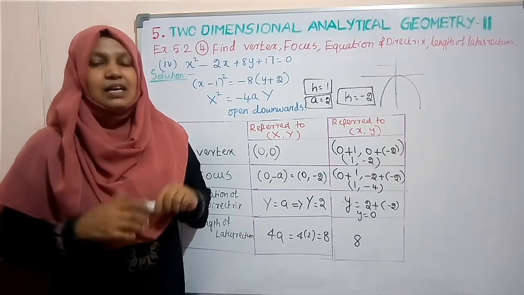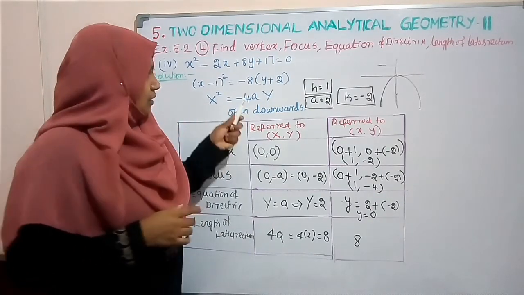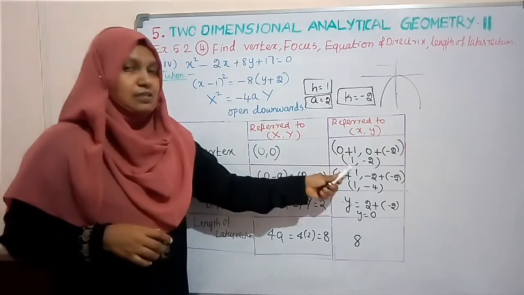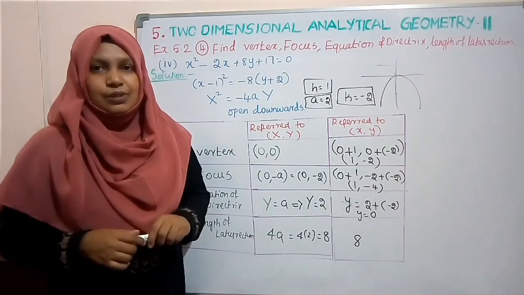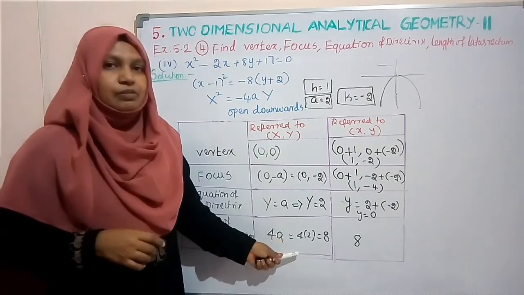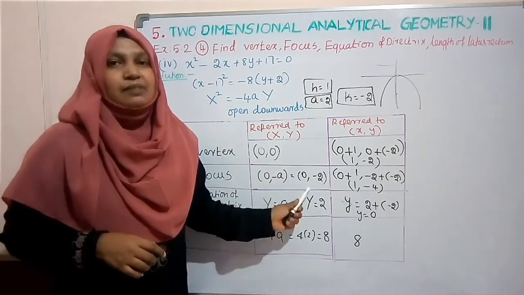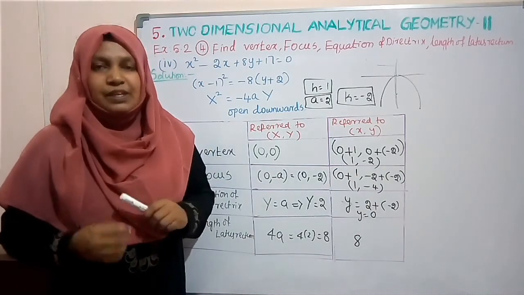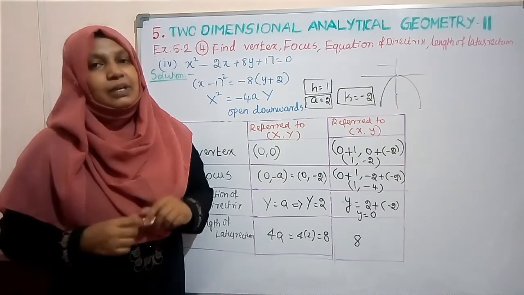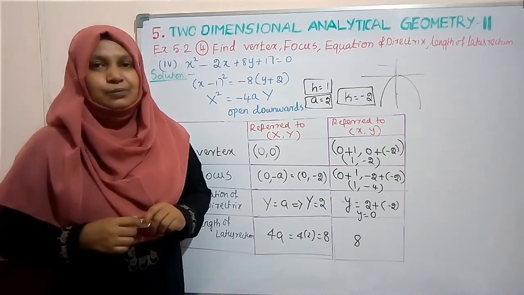When the vertex is other than the origin, here the vertex is not 0 comma 0. In this question, the vertex is 1 comma minus 2. Okay. So in this question, first you should write the usual formula for capital XY. Then we have to convert it into small xy by adding the x coordinate with h value and the y coordinate with k value.